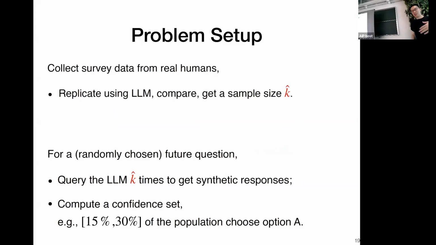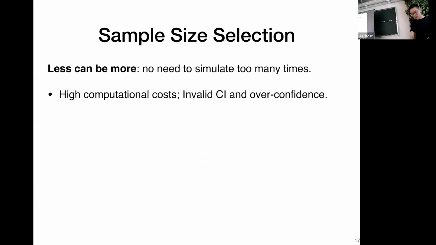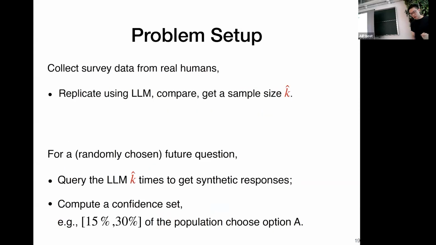There are existing databases with a bunch of survey questions, and for each question there are a lot of real human responses. Given those questions, you can replicate the study using LLM, then compare your synthetic data with the real data to learn the discrepancy and select a sample size. We'll elaborate more on that.